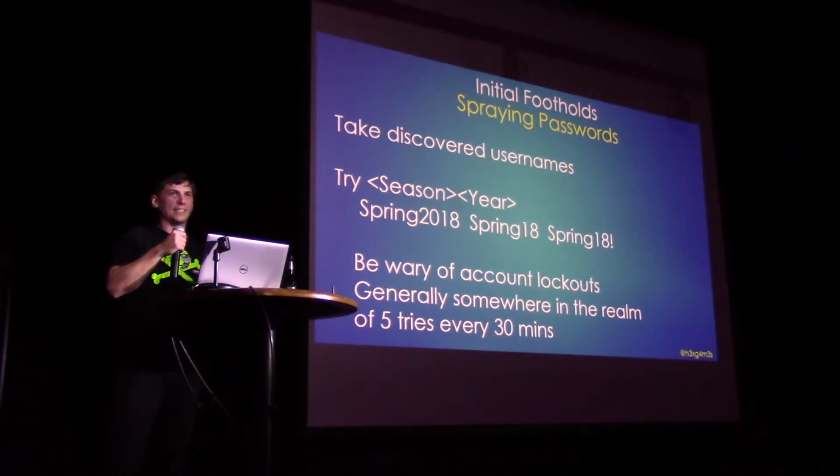And the problem is that it's really hard to detect from a defensive side, because we are aware of the account lockouts, and a lot of companies increase the defaults just because they don't want to have to deal with customer complaint tickets because they lock themselves out of their accounts again. Generally I won't try 5 every 30 minutes, but maybe 1 or 2 every couple hours on your whole list, and you're almost guaranteed to get someone's password, especially if you have a large enough company.